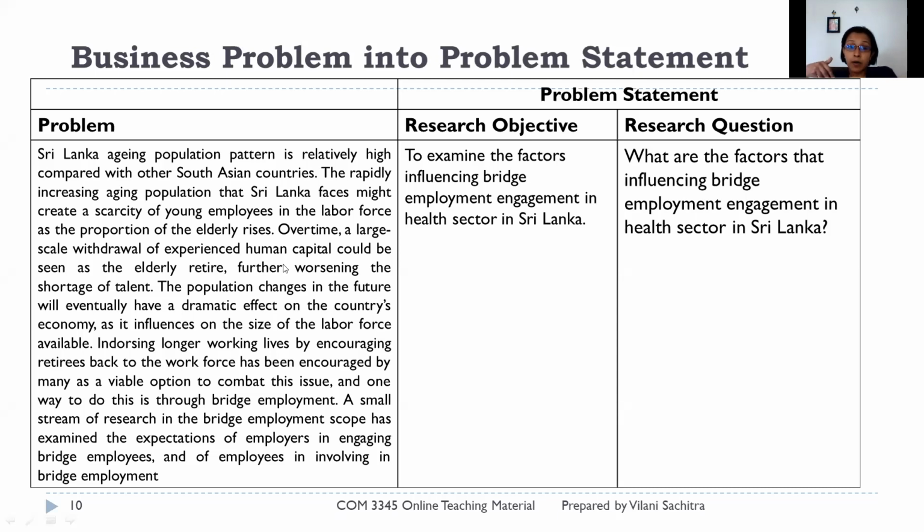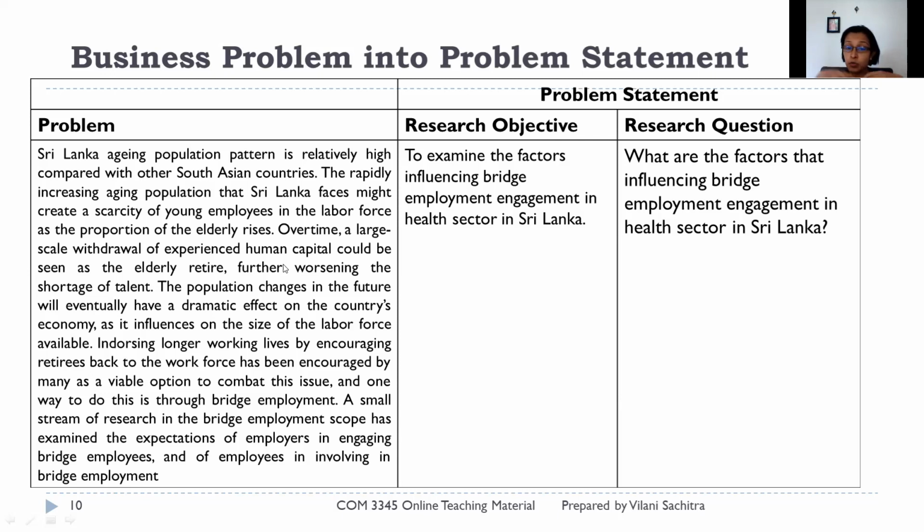And the other way around, with the large-scale withdrawal, that means when people are getting old, they try to retire, they try to stop working. So that also has consequences for human capital capacity. In one way, the young people get fewer employment opportunities. In the other way, the well-experienced people are retiring from their positions. So it also creates an issue for the labor force.